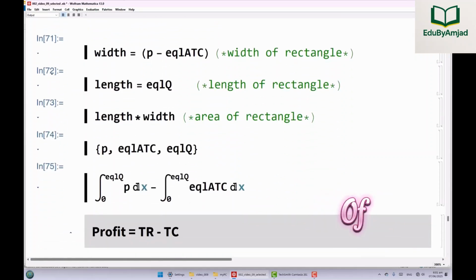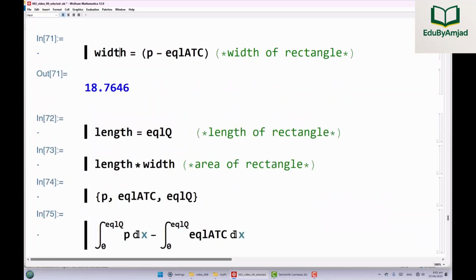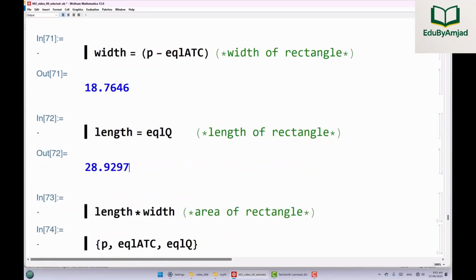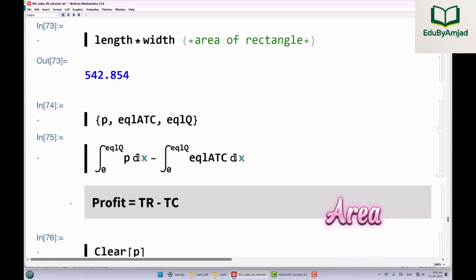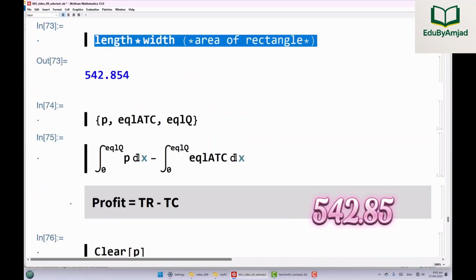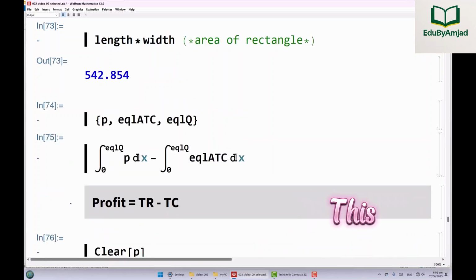Length and width of the rectangle are found here. Multiplying them gives the area of the green rectangle, 542.85. This is the profit.